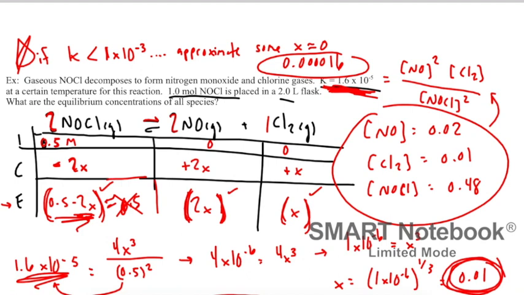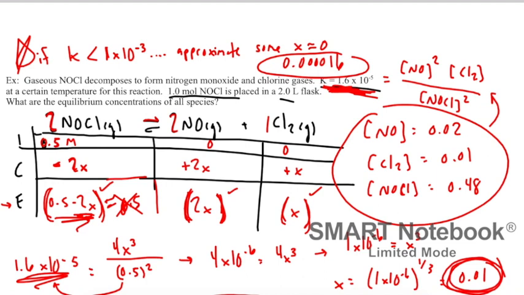So that would be 0.02 squared times 0.01 divided by 0.48 squared. And I get like 1.7 times 10 to the negative fifth, but that is such a tiny little error compared to this small value that it might as well be right. So my approximation was good.